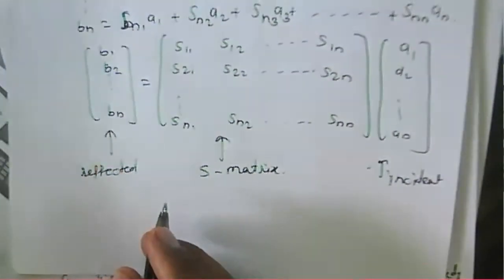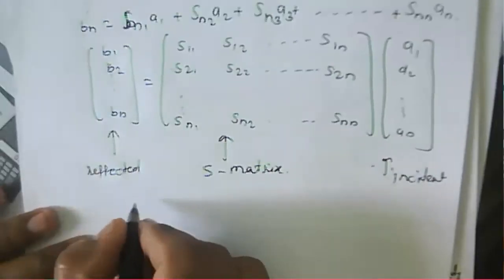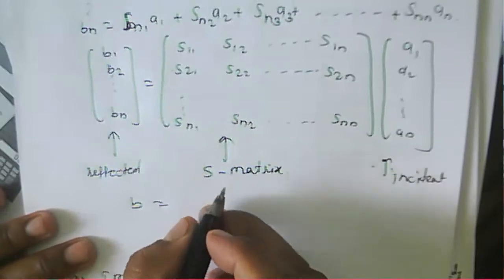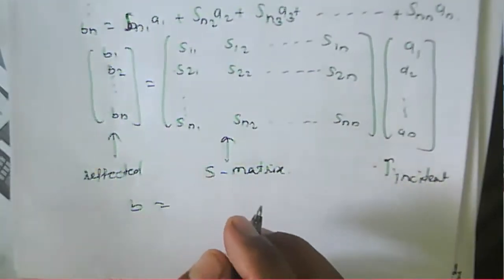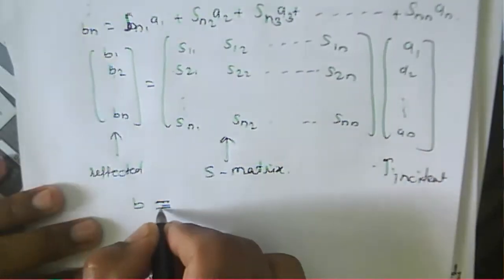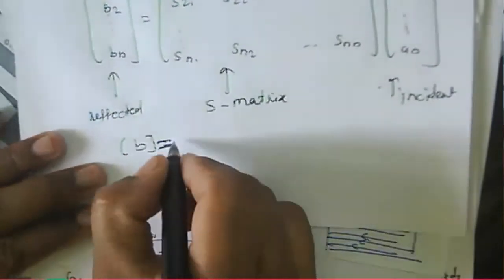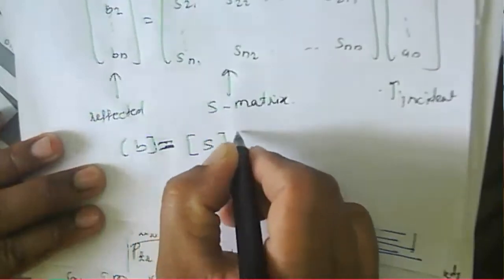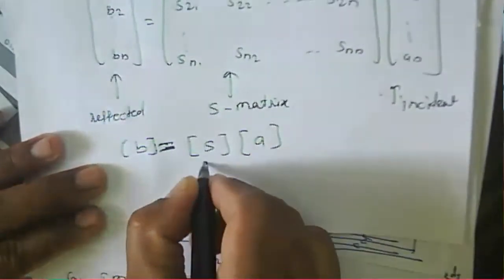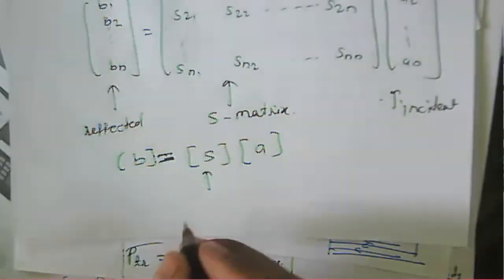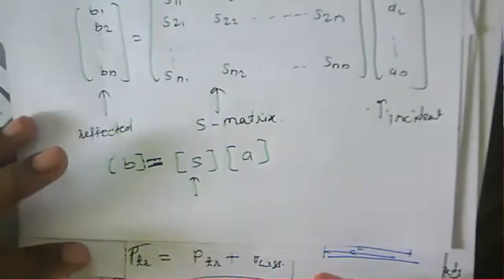So here we have the incident wave, and B is the reflected or scattered wave at a given port. So B is nothing but the scattered wave at that particular port, and B is equal to S times A. This S is a square matrix, and we need to find out the properties of this matrix.